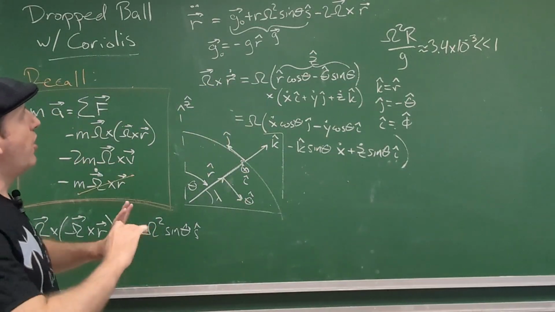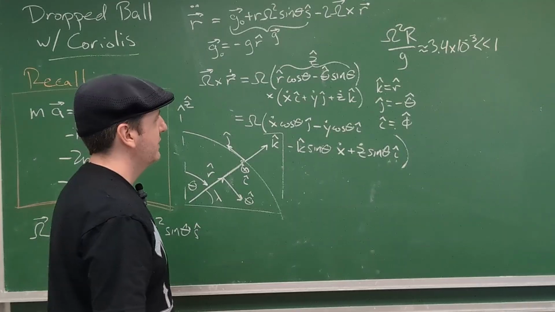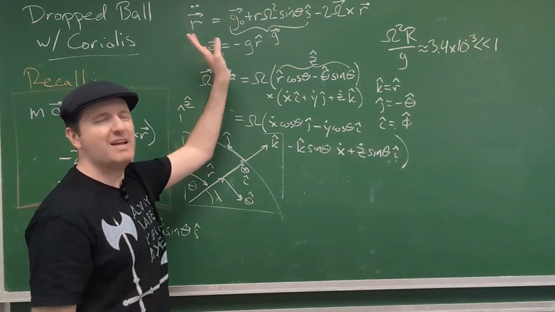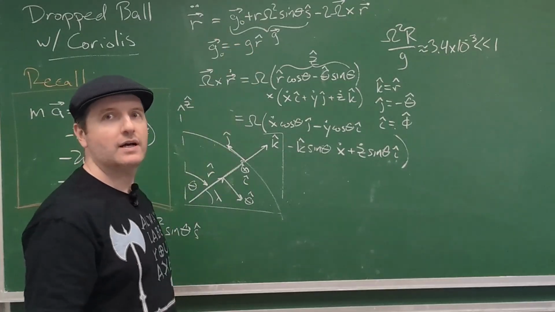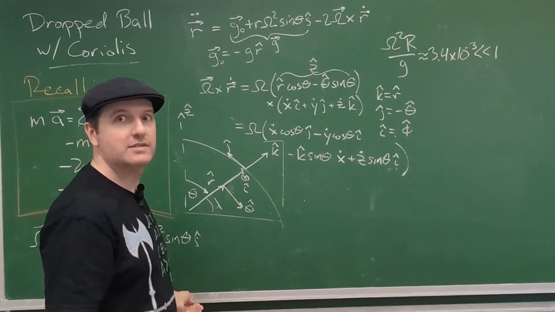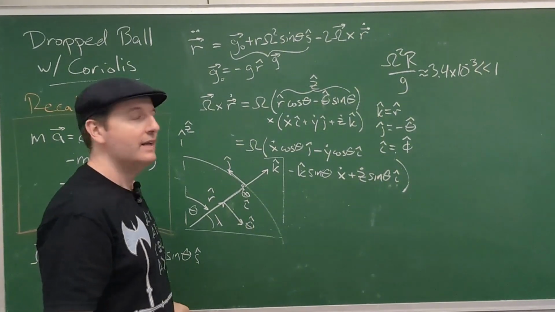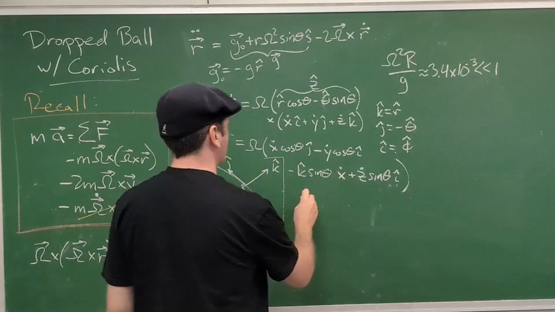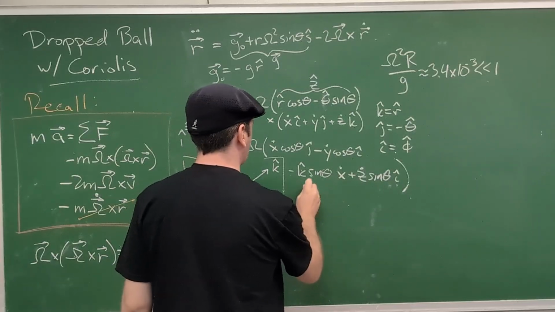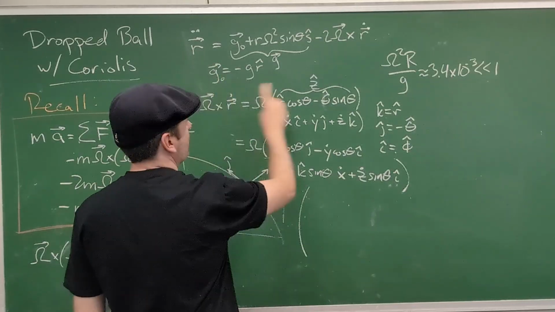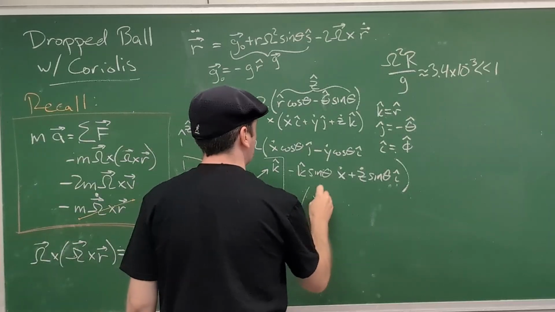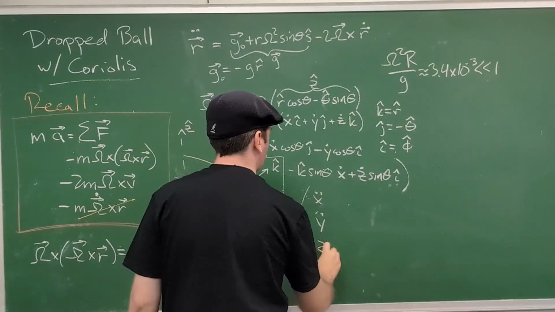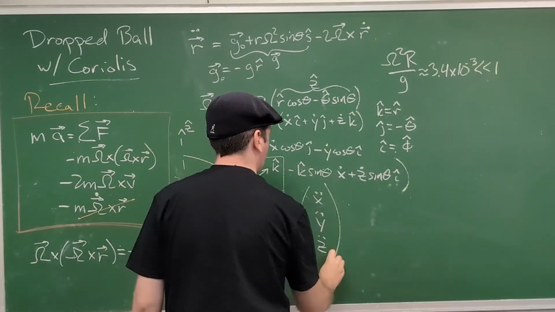All of this together will let us write a nice little vector or matrix version of our system here. If we want to write this out as a vector equation, I'm going to write this in my local coordinates as x double dot, y double dot, z double dot.